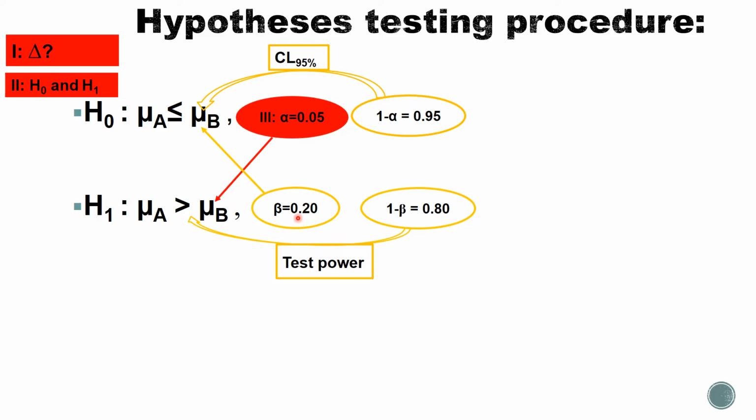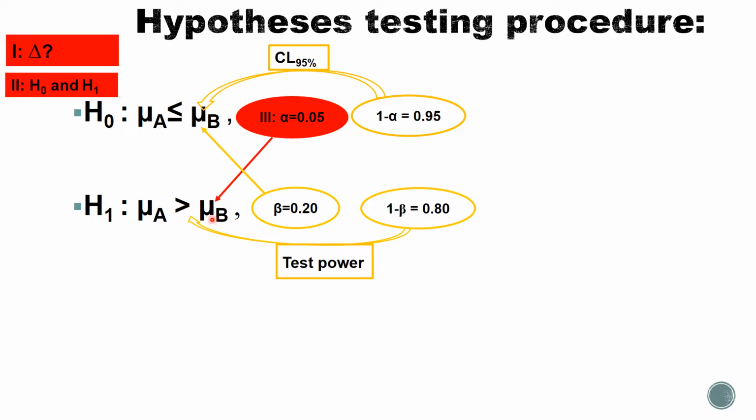And now, what it means is that if truly in the real population there is a difference between the mean hours of sleep of patients who take treatment A and the mean hours of sleep of patients who take treatment B, if really this exists, and we are saying that at a risk of beta, that's to say at a risk of 20%, we are saying this because we are 20% uncertain that this really exists.